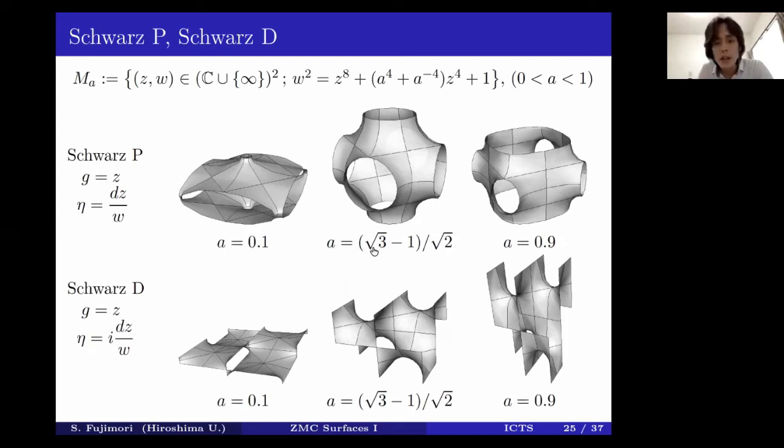And when A equals this value, almost 0.5152, then we have the symmetric Schwarz P surface. But when we change A, we can deform the surface. But all of them are still embedded triple periodic minimal surfaces. So we have a one parameter family of minimal surfaces here. So also in the Schwarz D case, we have a one parameter family of surfaces.